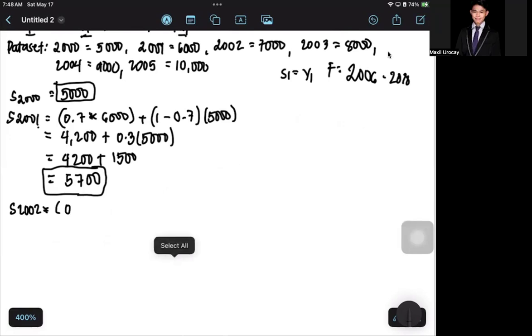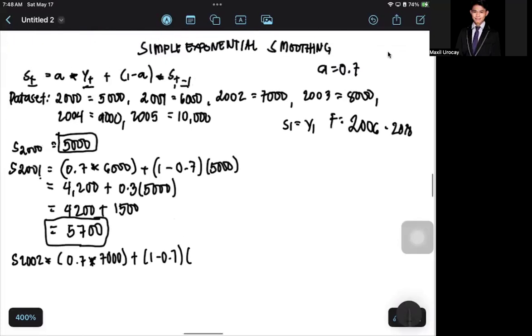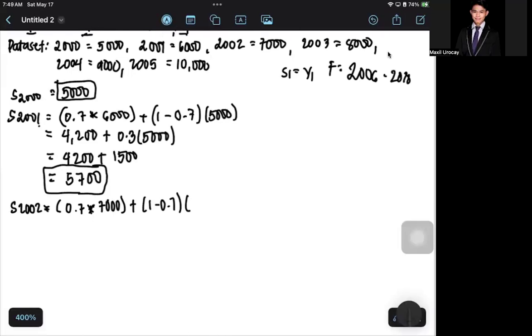Distribute 0.7 times 7,000, because that is the data of 2002, plus the same thing, 1 minus 0.7, times the previous smooth data S_(t-1), that is 2001, which is 5,700. That's how you deal with that.